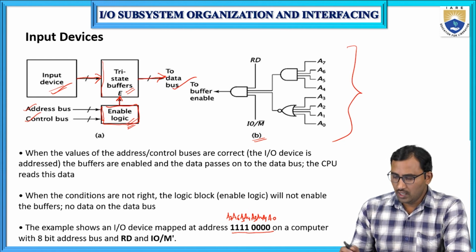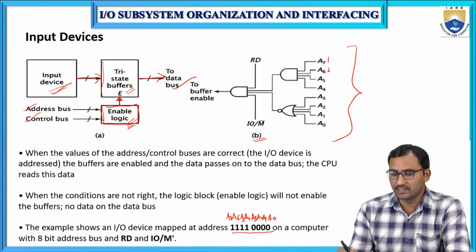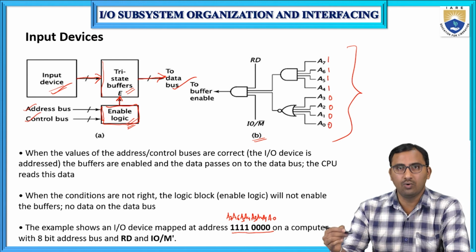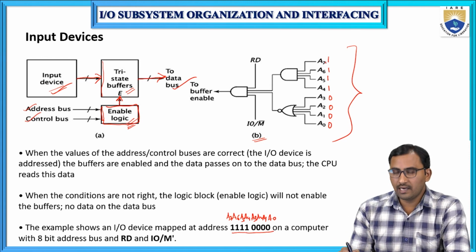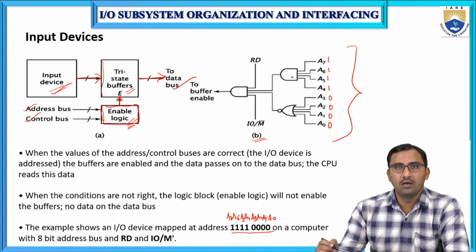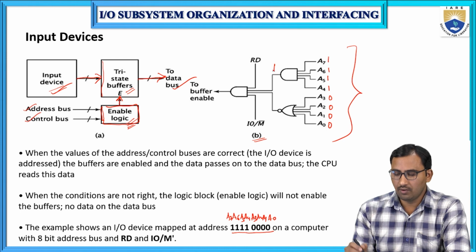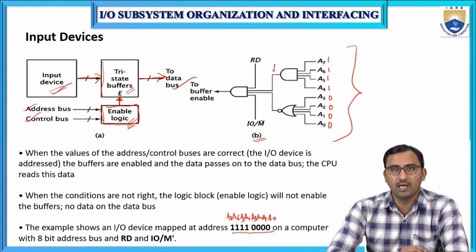If you represent the address as A7 1, A6 1, A5, A4, A3, A2, A1, A0, these are the addresses. A7, A6, A5, A4 are connected to the inputs of the AND gate. So the output of the AND gate will be 1 because all inputs of the AND gate are 1.